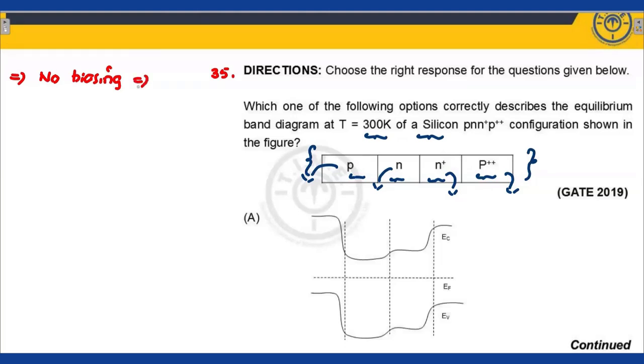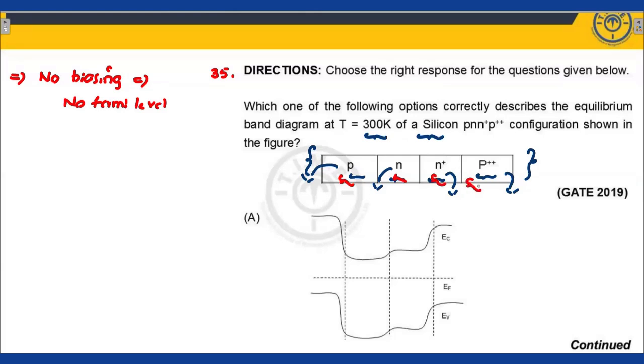No biasing indicates constant Fermi level, my dear friends. And I would like to bring the very, very important things over here in the four regions of P, N, N plus and P plus.